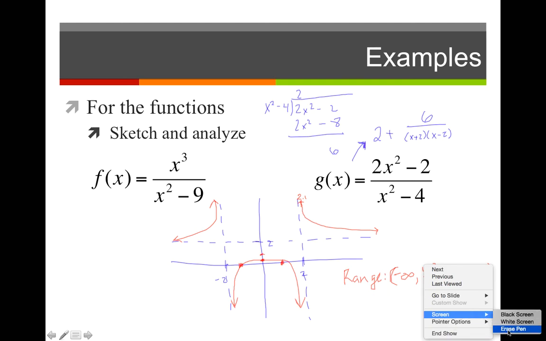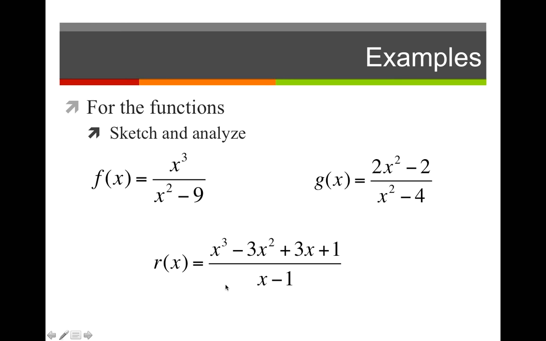Okay, I want to finish off with one more problem here, and it's this particular problem right here. Because I basically want to show a quadratic asymptote. So if we were to do the long division, x minus 1 into x cubed minus 3x squared plus 3x plus 1, we'd get x squared.